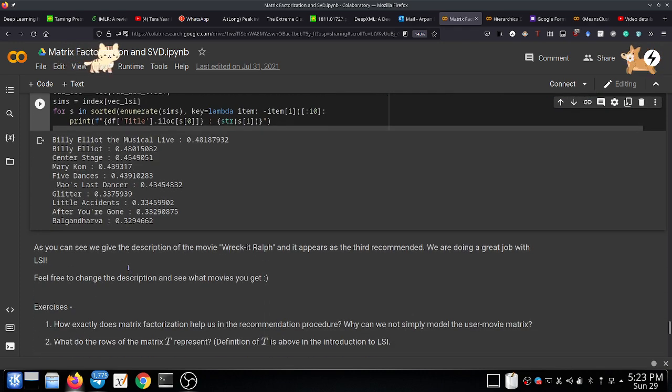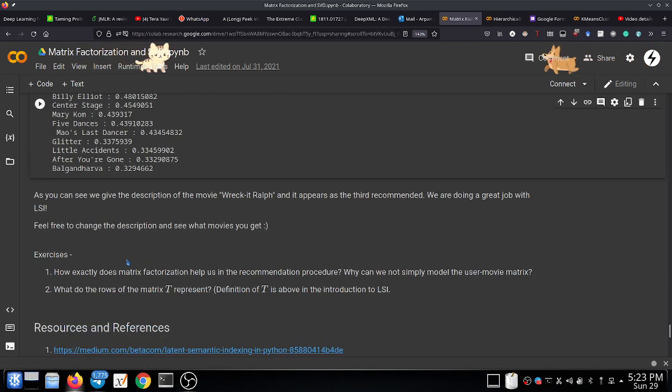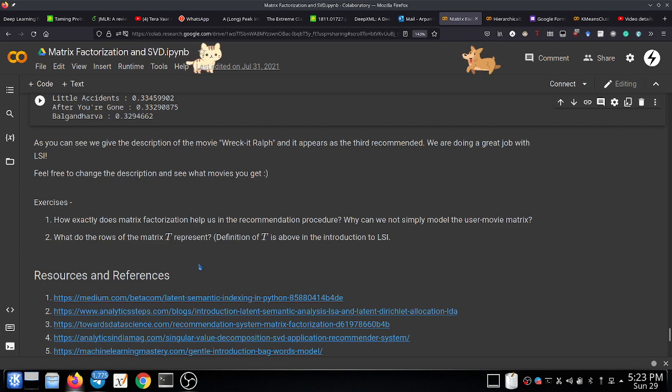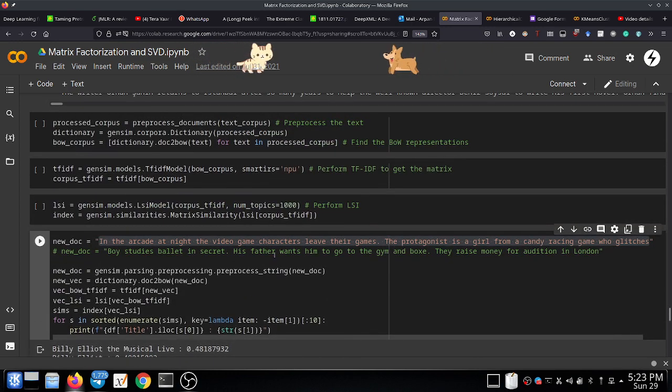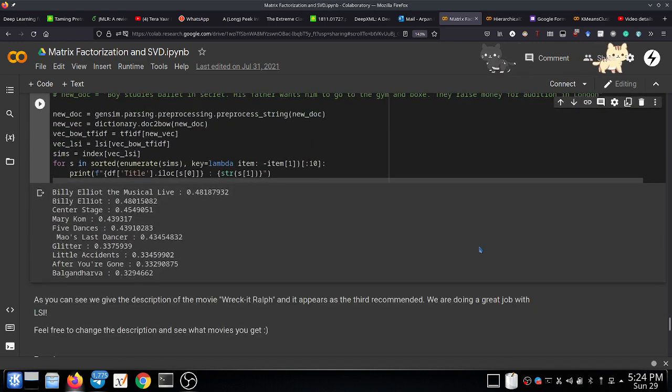Yeah, that is the idea, and you will be able to change this and see whether you obtain the closest movies. Note that this is not the best movie recommender. These are not the best models, so you might obtain some silly results. Yeah, that is it for this lab. Good luck.